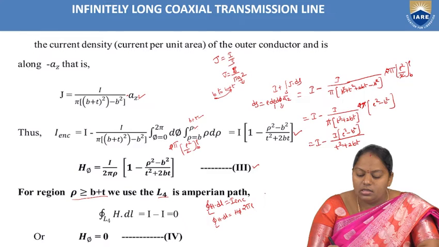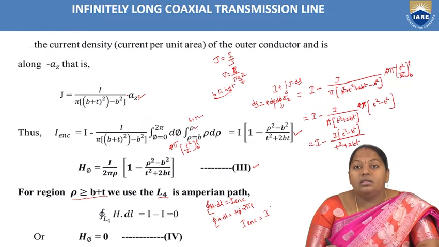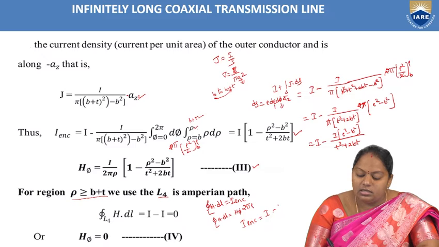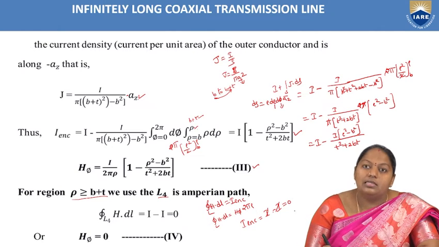Now for I enclosed, till path L2 the current is I, and from path L3 to L4 it will be minus I. So this and this get cancelled. The total net current enclosed by path L4 will be 0. So I enclosed is equal to 0.